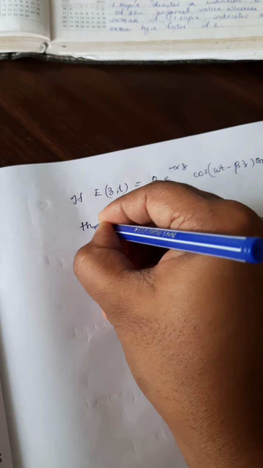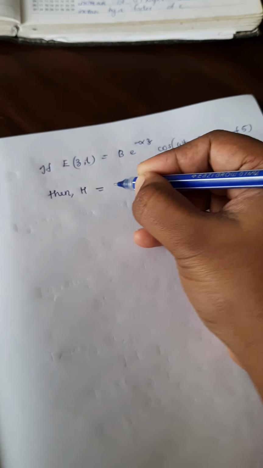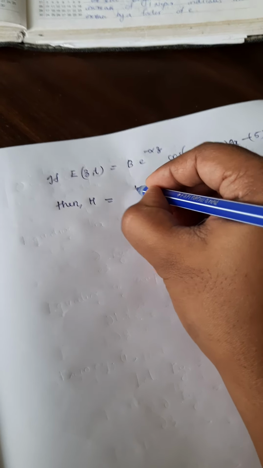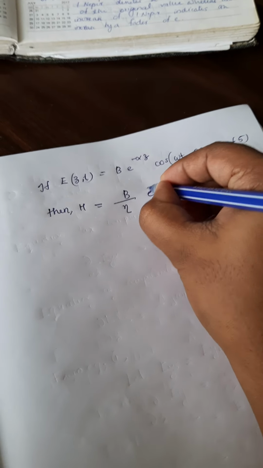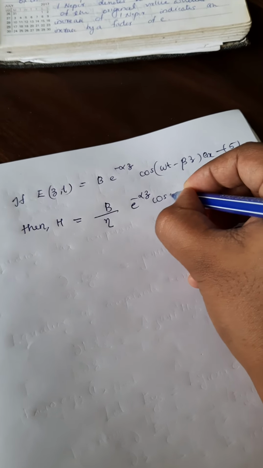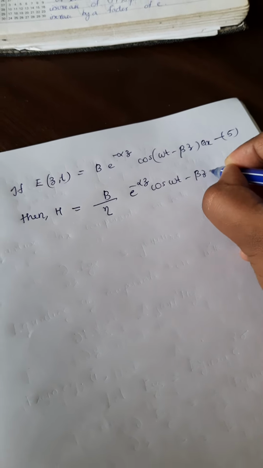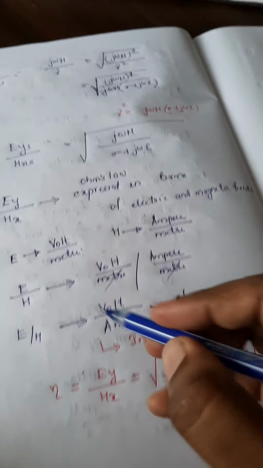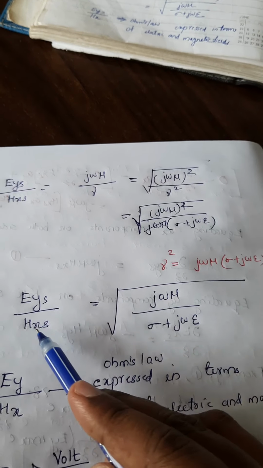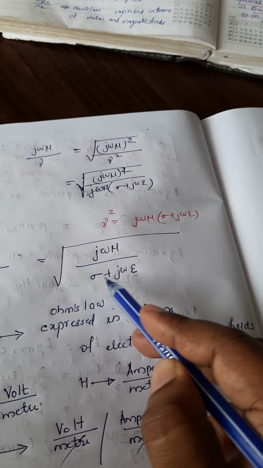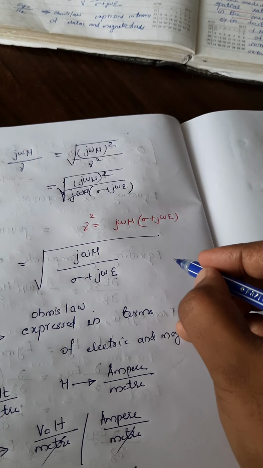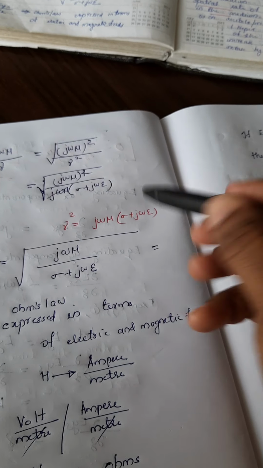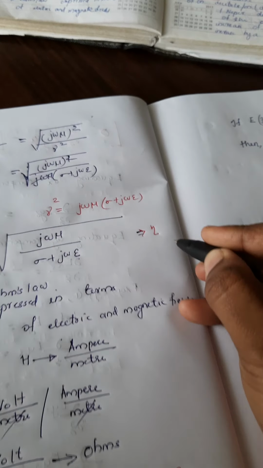then our magnetic field intensity H can be written as B by eta e raised to minus alpha z cos of omega t minus beta z minus theta eta, in the ay direction. From our earlier equation, Eys by Hxs is equal to j omega mu by sigma plus j omega epsilon, which becomes the intrinsic impedance eta.